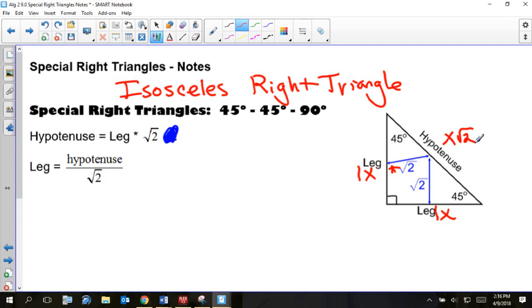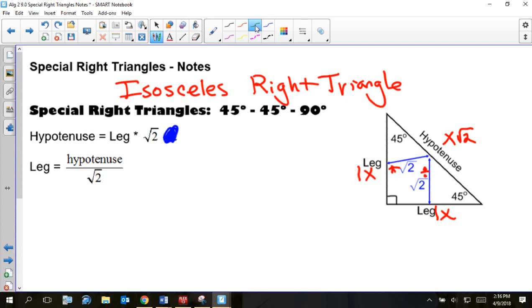Or if you know the hypotenuse, then you divide by square root 2 to get the side length. So it goes both ways. You multiply the short side to get the long side, or you divide to go backwards. All you have to remember is the short side is the 1x, and the long side is the radical 2 times x.